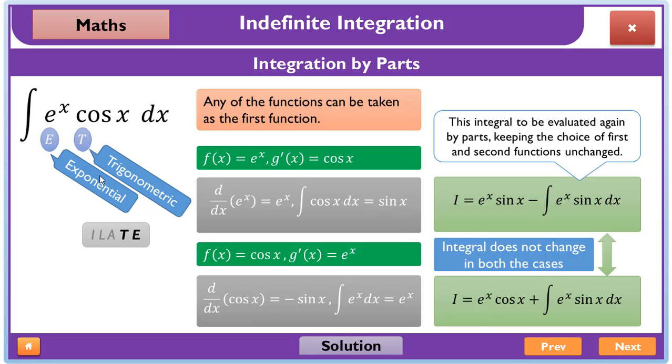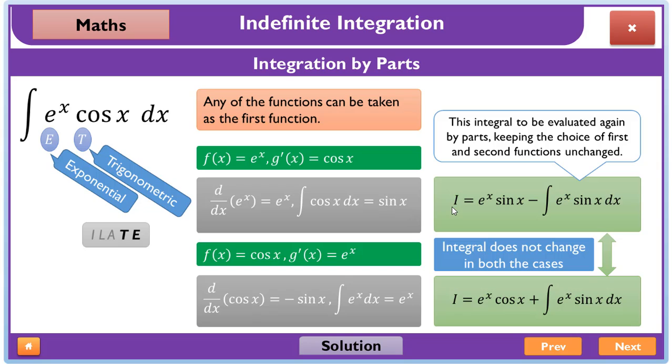But we can take either the trigonometric function or the exponential function as the first function, because in integrals of this nature it does not matter which we take as the first and which as the second. Just see. Let us take e to the power x as the first function and cos x as the second function. The derivative of e to the power x is e to the power x and the integration of cos x is sin x. Put these values in the integration formula.